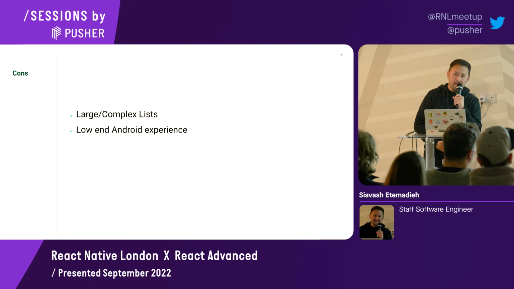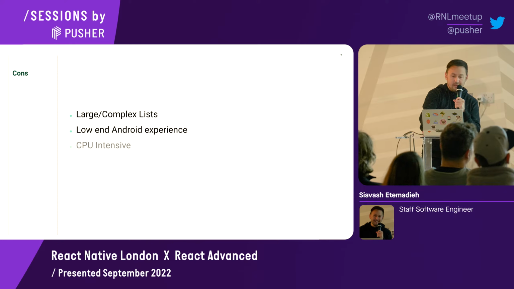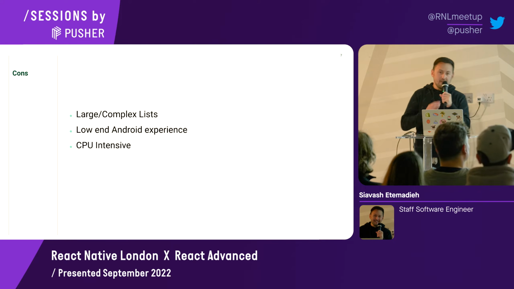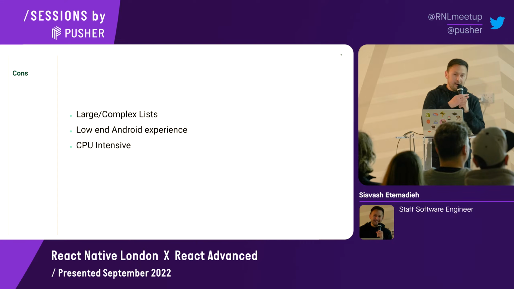And at Shopify, we don't want the device to hold you back from using Shopify. And it turns out that FlatList is actually quite CPU intensive. So whilst this is visually quite apparent on an Android device, even on an iOS device, whilst it might be smooth, your phone might actually start overheating, you might lose battery life, so that's also not ideal.